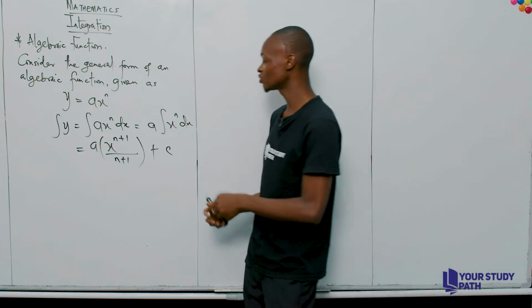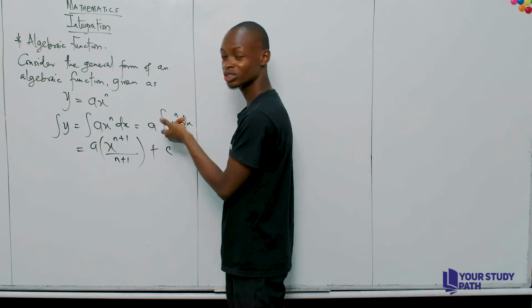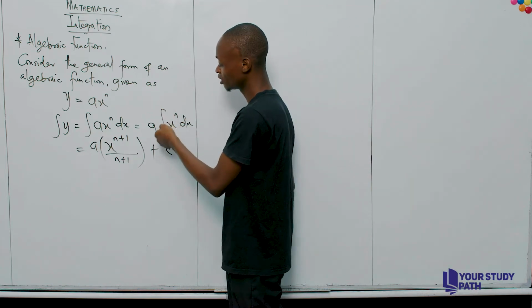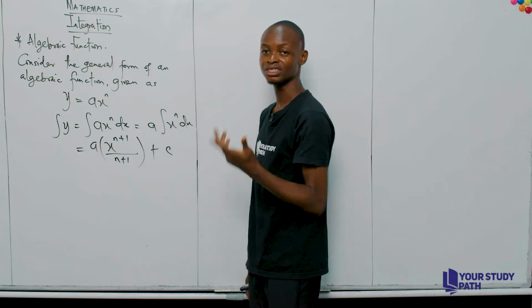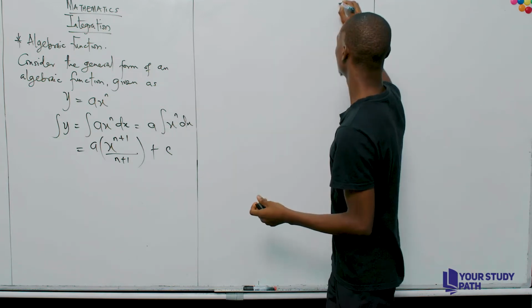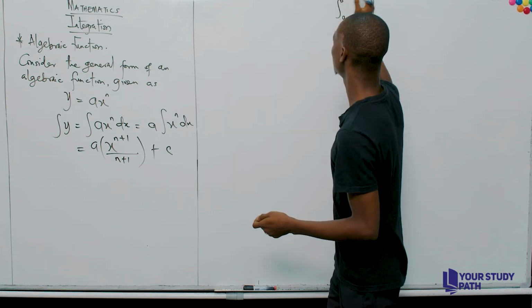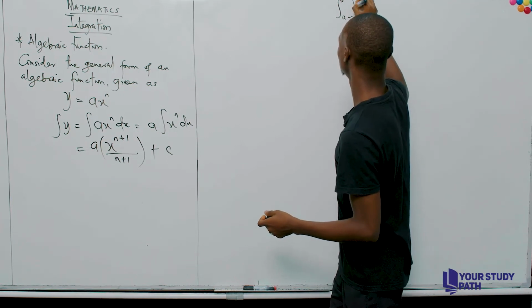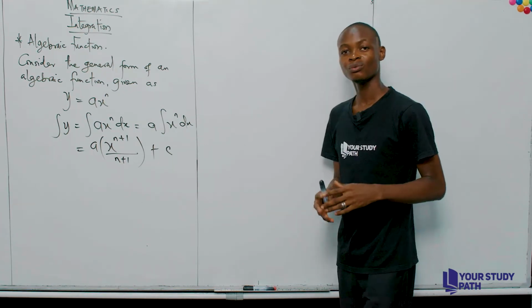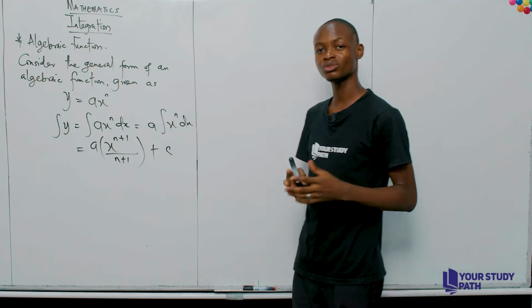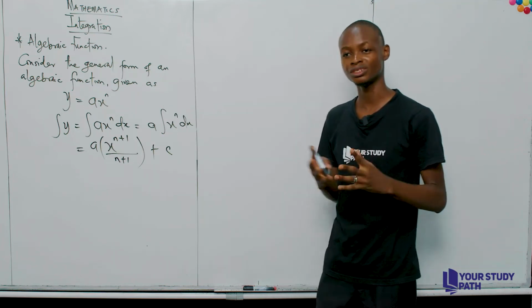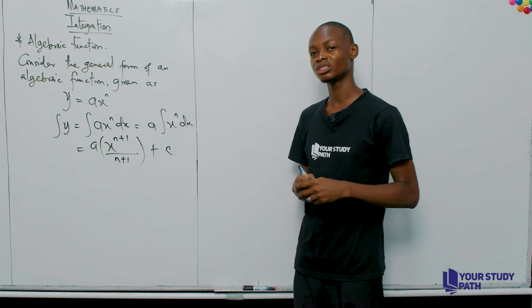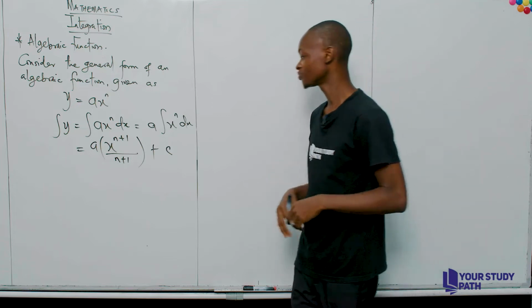Integrals where there is no sign attached to the integral are called indefinite integrals. We have what we call definite integrals that have what we refer to as bounds. We are going to be looking at those integrals in detail as well.